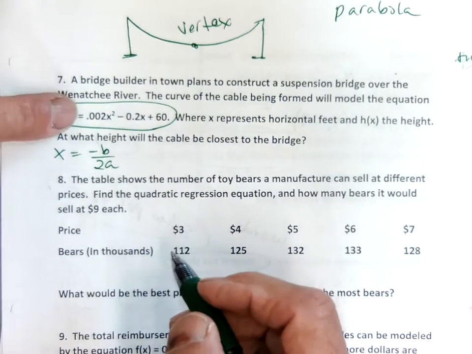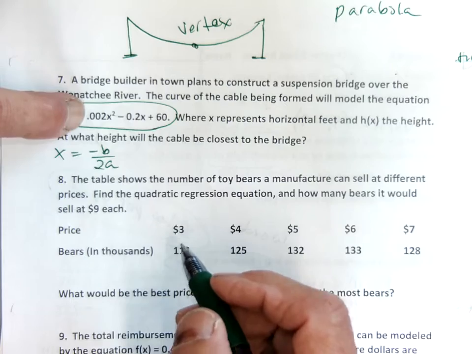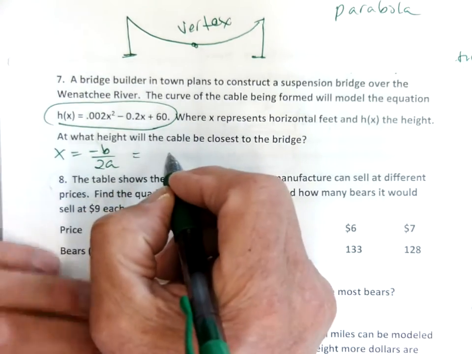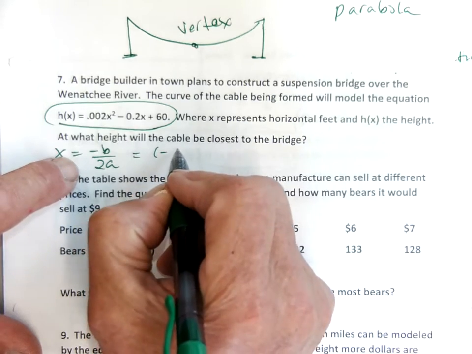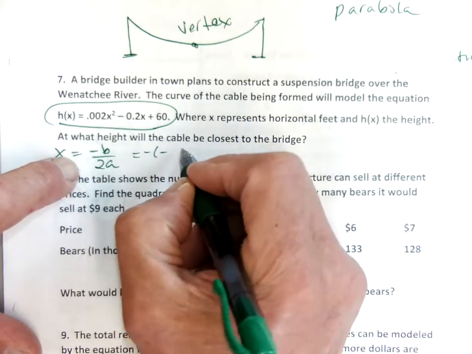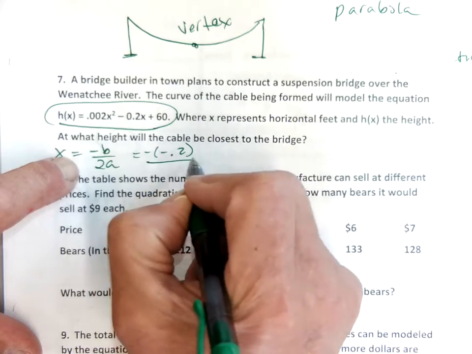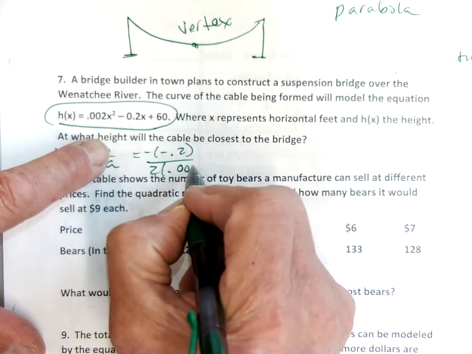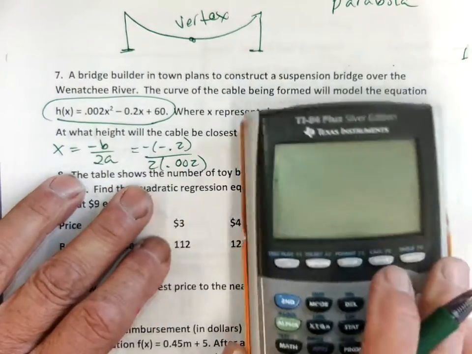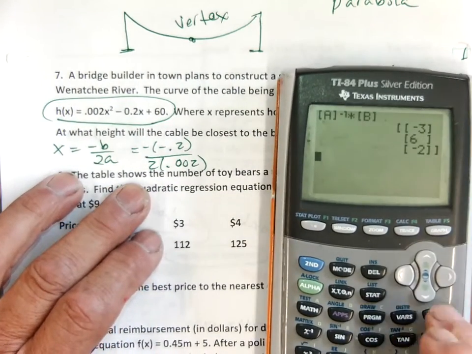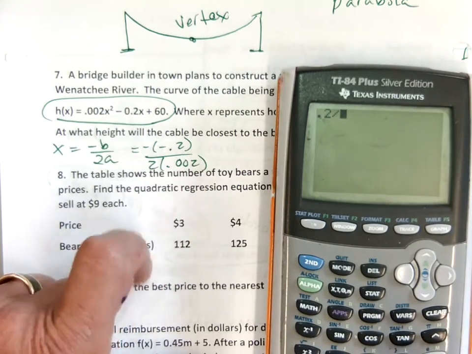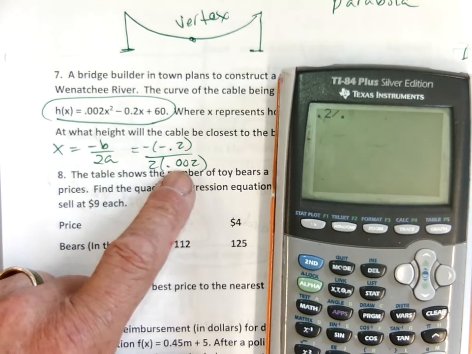All right, well, a is 0.002, b is negative 0.2, so I'm just going to use my formula: negative negative 0.2 over 2 times 0.002. I'm just going to use my calculator. So that's really like 0.2 divided by 0.004, and I get 50.